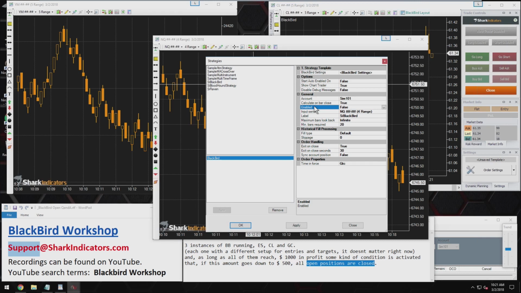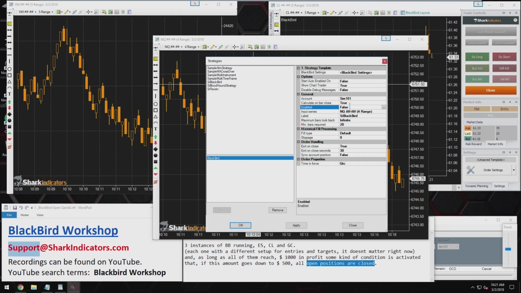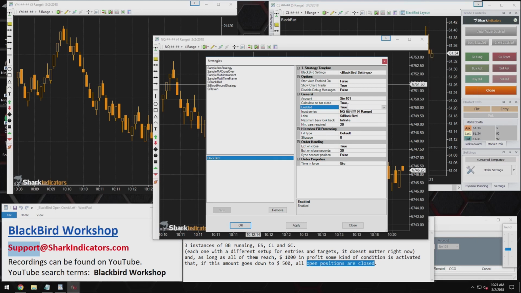Indicators, once you put them on the chart, are automatically enabled, right? There is no enabling an indicator, but strategies have to be enabled. You have to consciously be aware that they're on the chart, and then you also have to go and turn them on. It's a safeguard that NinjaTrader built into the strategy class. So don't forget to turn them on.